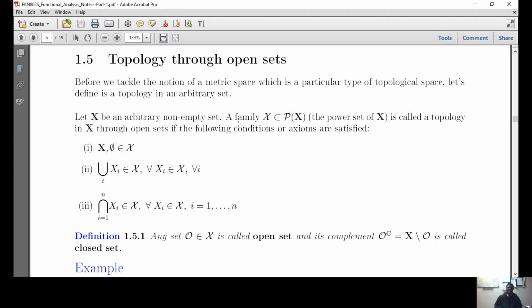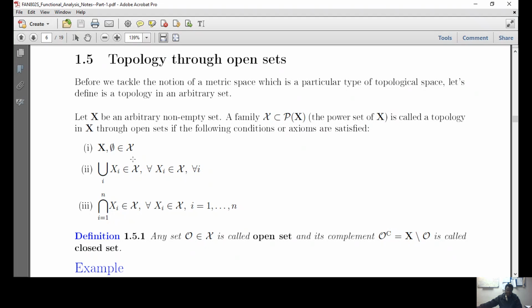Remember that when we define a sigma algebra, it was through a collection, a subset of the power set of X. The way we define a sigma algebra is similar to the way we define a topology. So a family of subsets of X is called a topology in X through open sets if the following three axioms are satisfied.